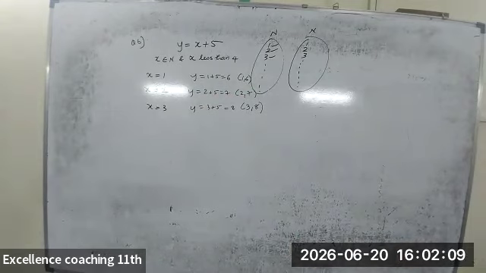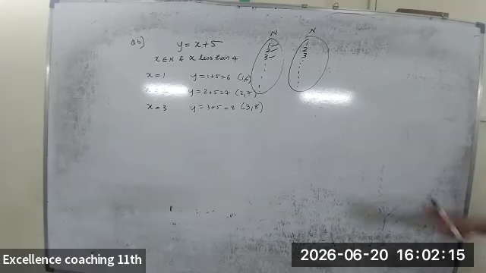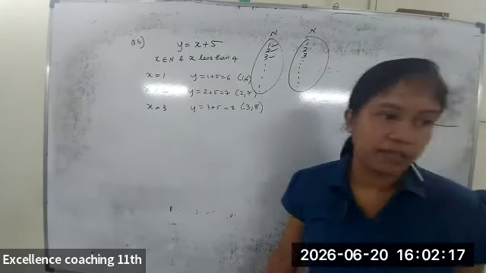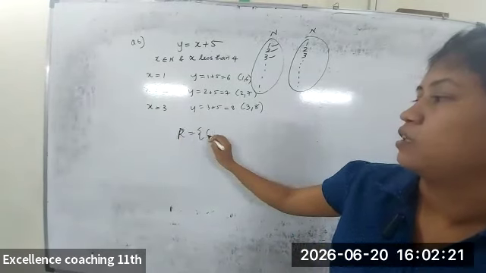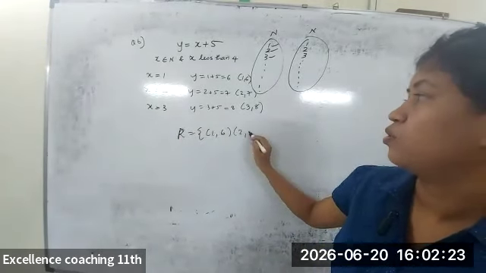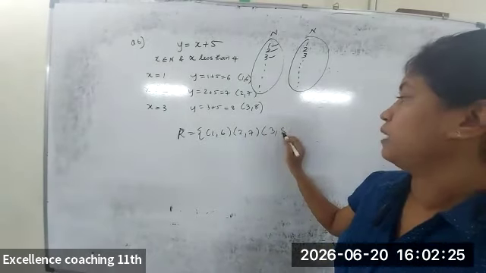What would be the codomain in this case? Natural numbers. All. The entire set B of natural numbers. And you can write and keep. So this relation is (1, 6), (2, 7), (3, 8).